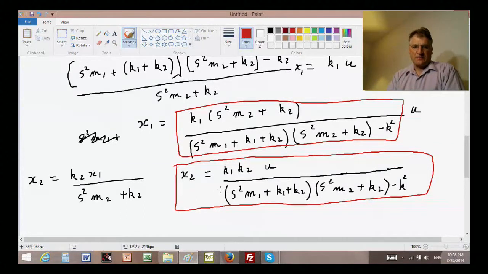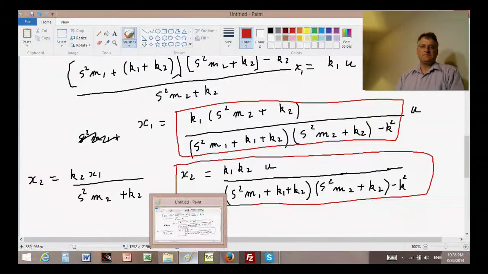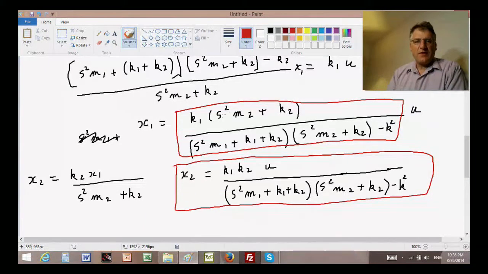On the other hand, the first transfer function has an s-dependent numerator, whereas the numerator of the second transfer function from u to x2 doesn't have a dependence on s.